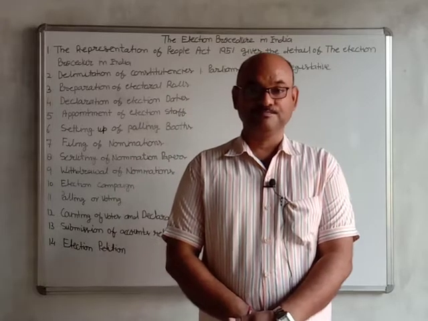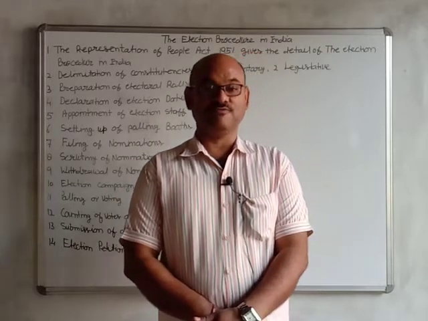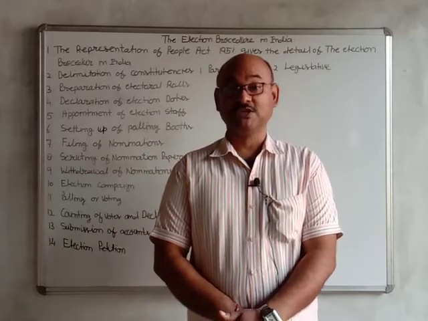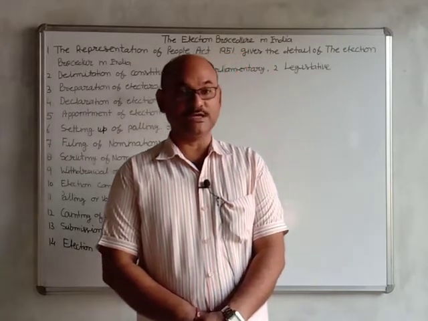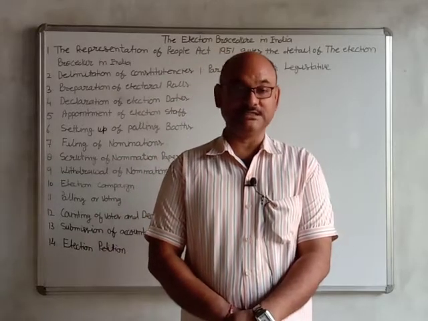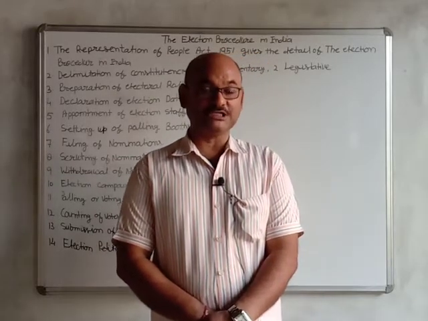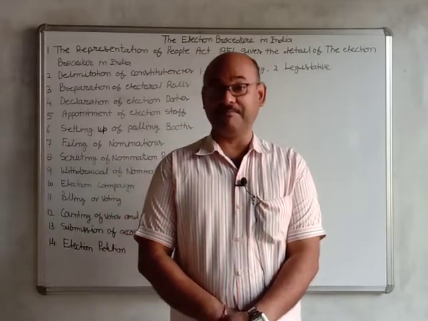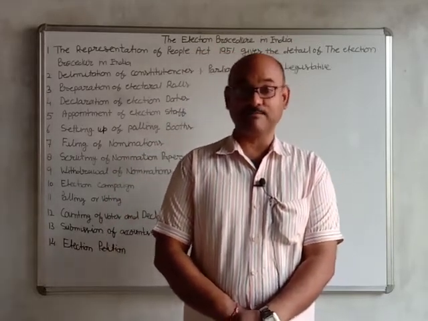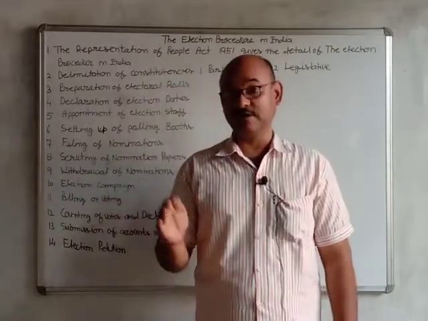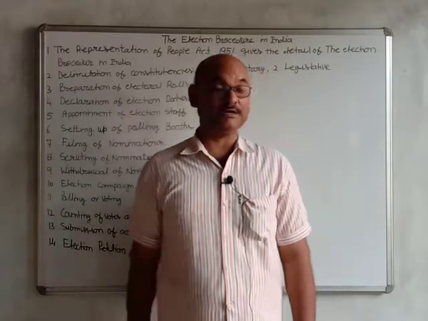Students, in this video we will discuss the election procedure steps in India. After independence, how will democracy become strong? The makers of the Constitution made a parliamentary democracy in India, where the nation is governed by an elected government.